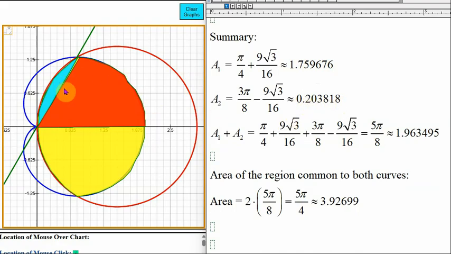So the area of this upper half is 1.963495. The area of the region that we want will be 2 times 5 pi over 8, which is 5 pi over 4, approximately 3.92699. And that's the end of the video.